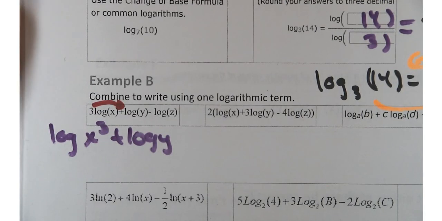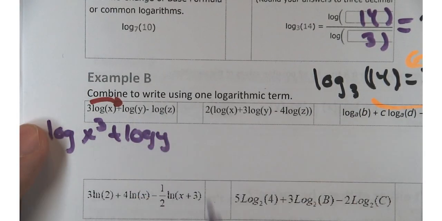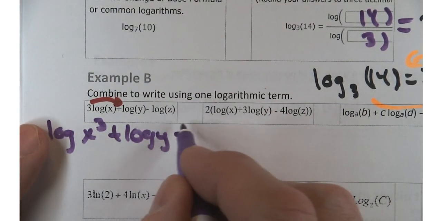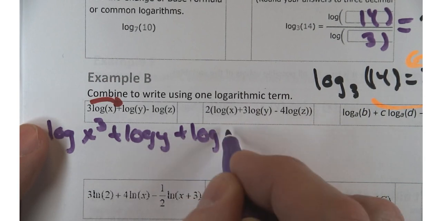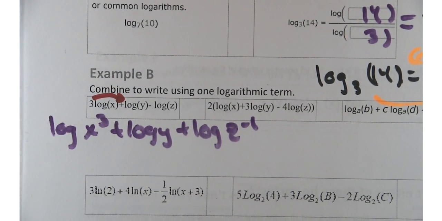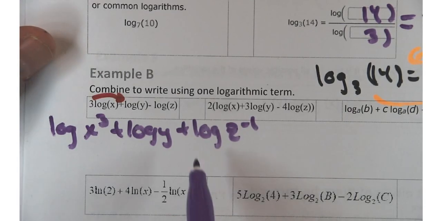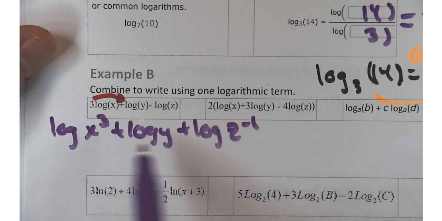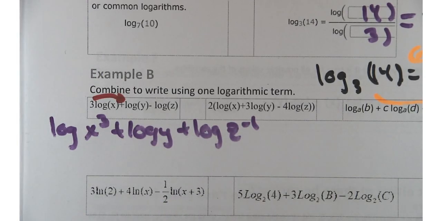And let's do something else here. I'm going to take that negative 1 and put it up in the exponent. So I'll have the log of z to the negative first power. So, okay, looking good there. Now, the nice thing here is I've got the sum of logarithmic terms.